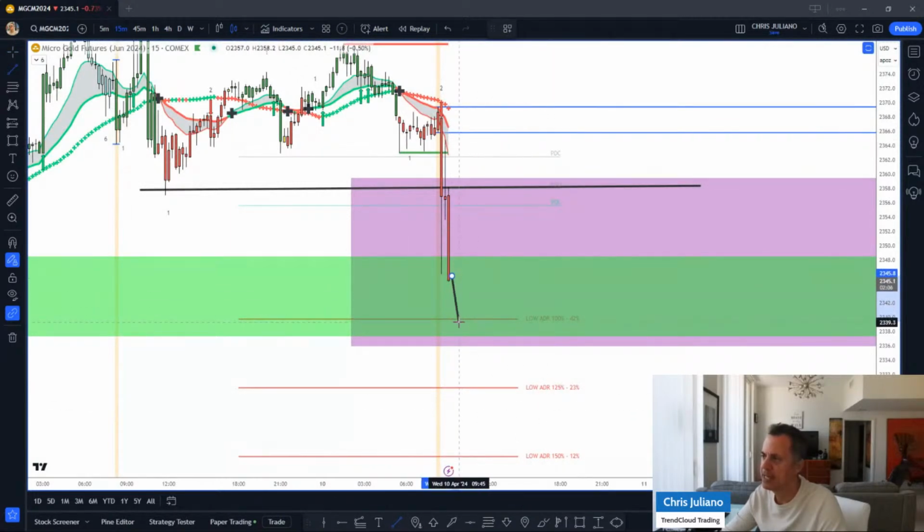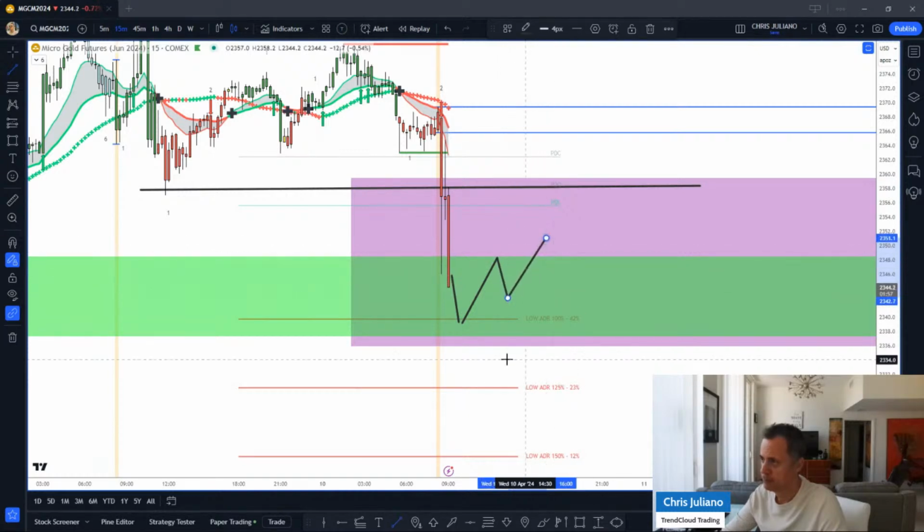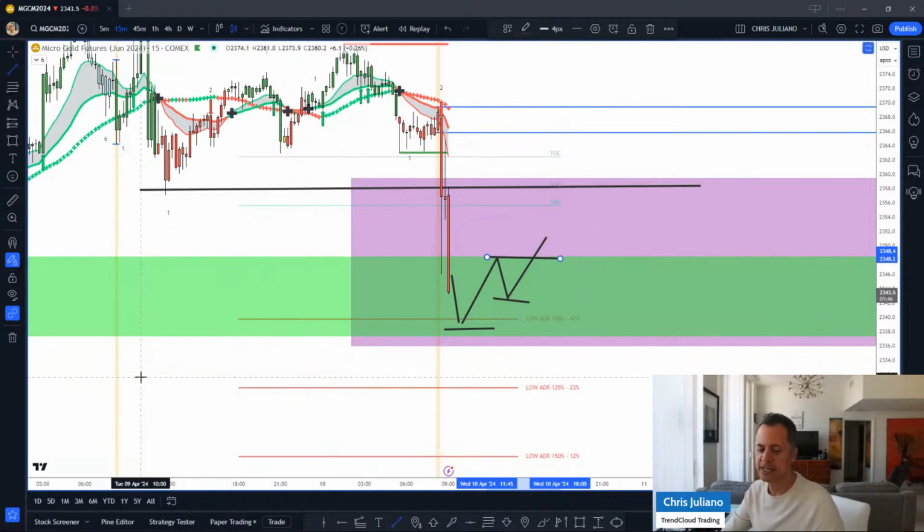Maybe we hit that ADR checkpoint. And then we do something like this. Here's your low, higher low, break of structure. Now you're ready to take the trade.